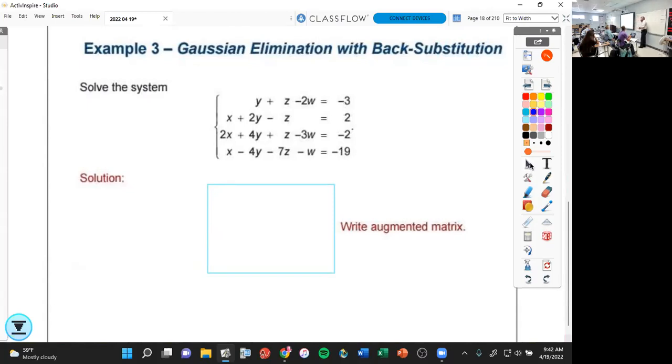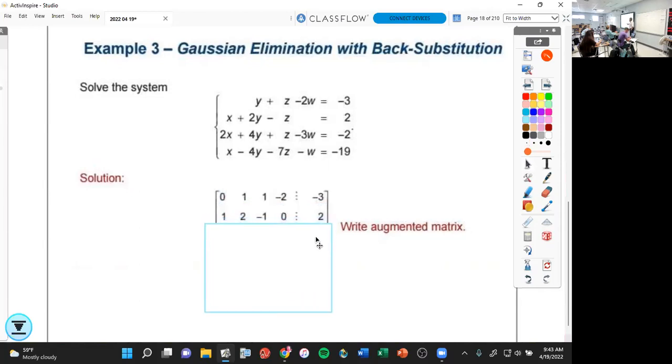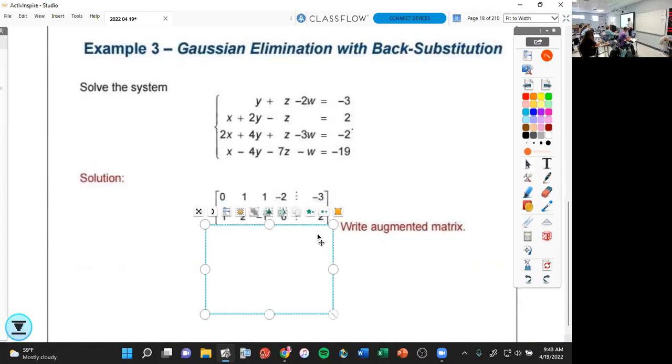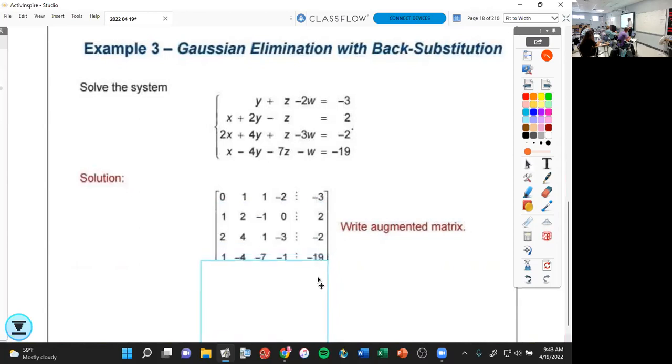You could. Why? Well, W comes before Y and Z. Oh, we're changing it to number. 0, 1, 1, -2, -3. Next row. 1, 2, -1. Perfect. Next row. 2, 4, 1, -3, -2. And finally. 1, -4, -7.